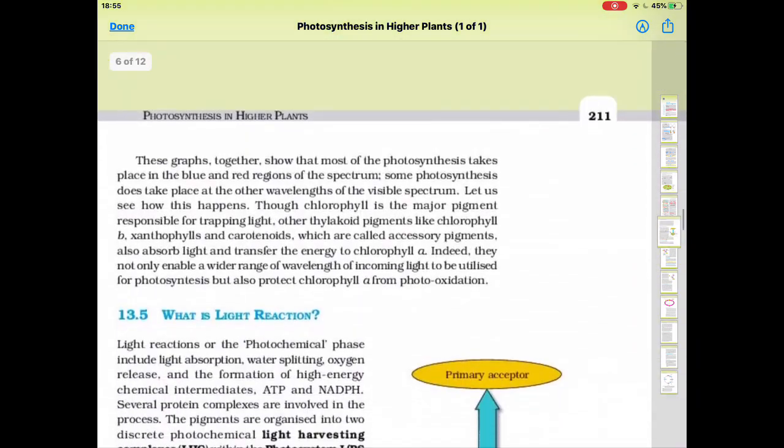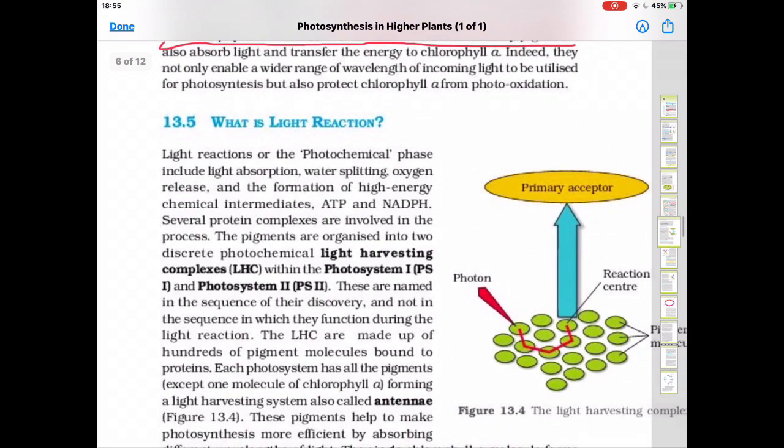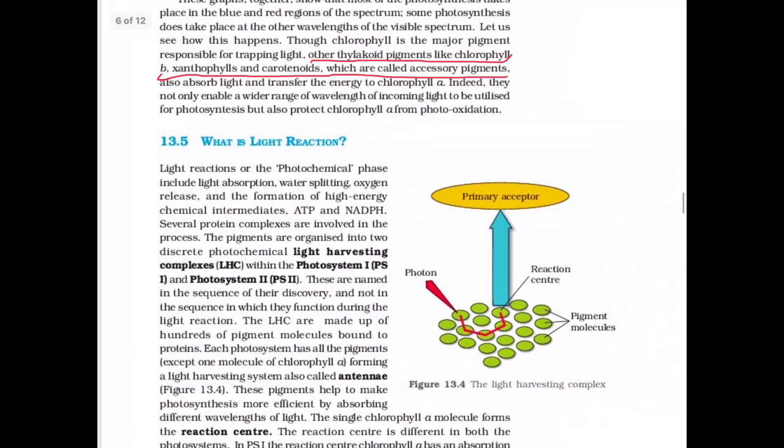Though chlorophyll A is the major pigment responsible for trapping light, other thylakoid pigments like chlorophyll B, xanthophyll and carotenoids are called accessory pigments. So already we have discussed that four types of pigments are present: A, B, xanthophyll and carotenoids.